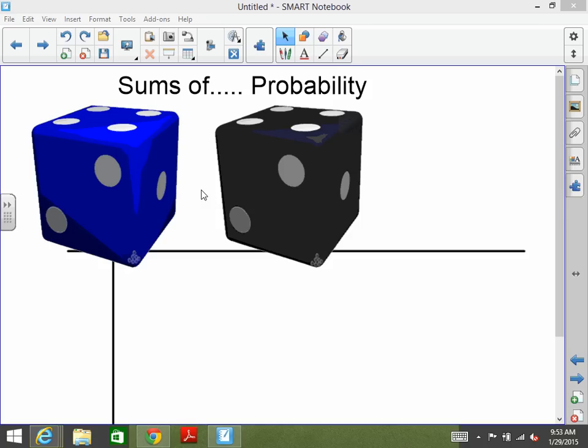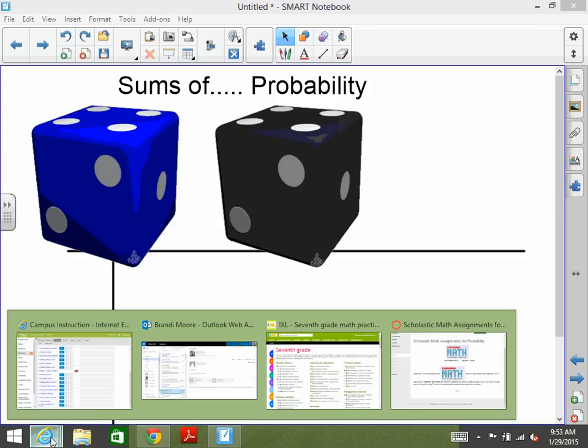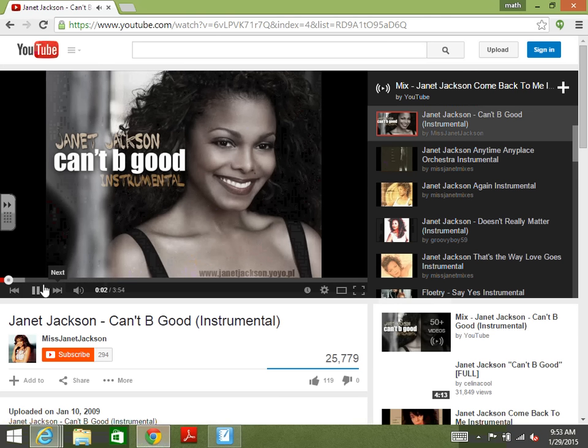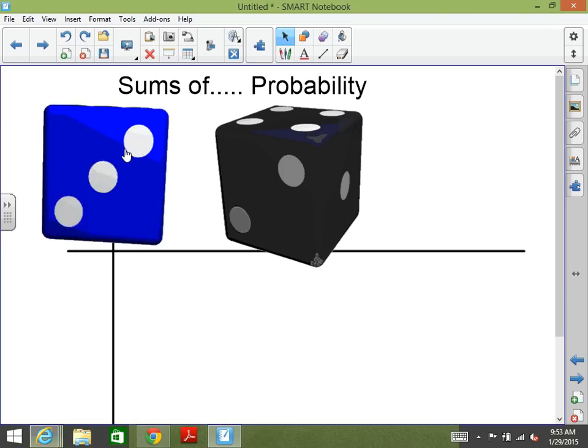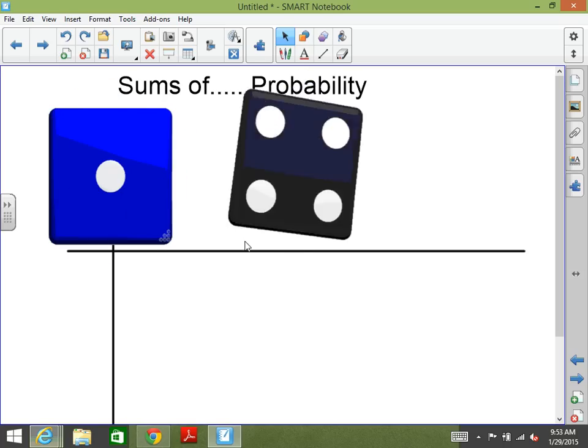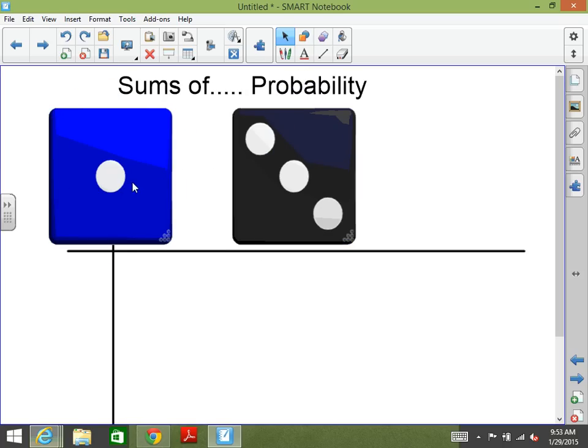If I have two number cubes and I am trying to roll these cubes, so if I roll one cube and roll another cube, and I add these together, what would I get?